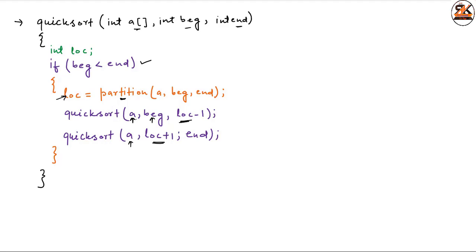That is location plus 1, and that is the right sublist. The initial index starts from location plus 1 for the right sublist and goes up to end. So we have right and left sublists, and we have to partition them until we get a single element in each list. That is what we are doing in this particular function.